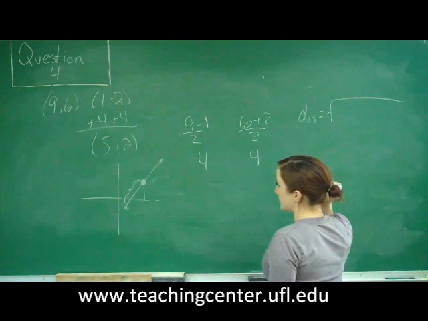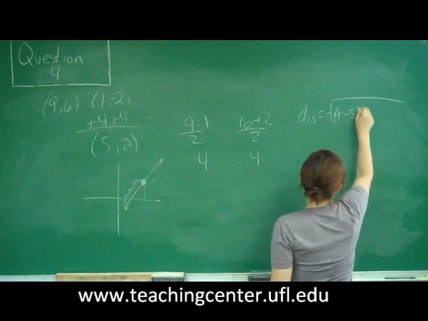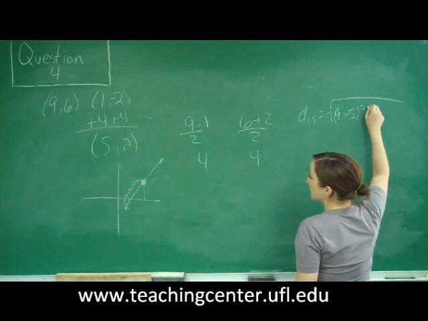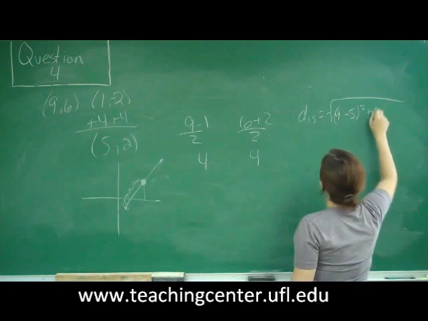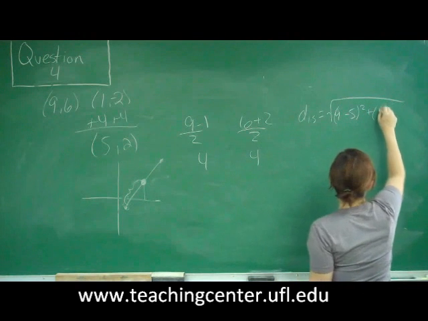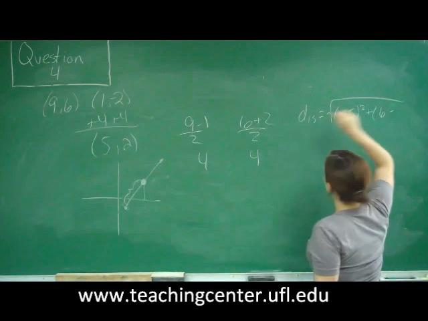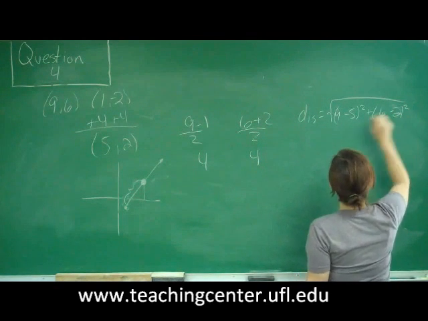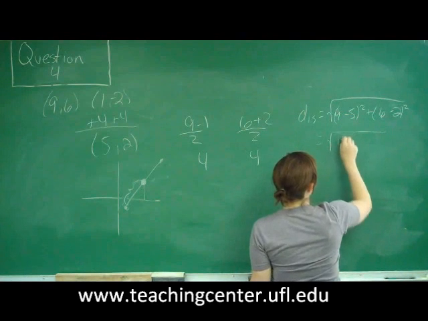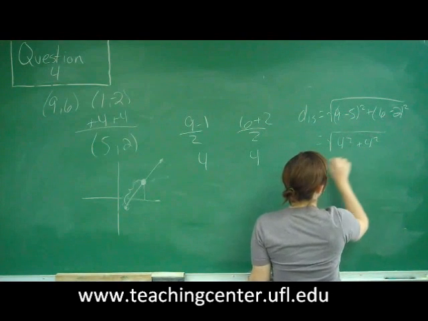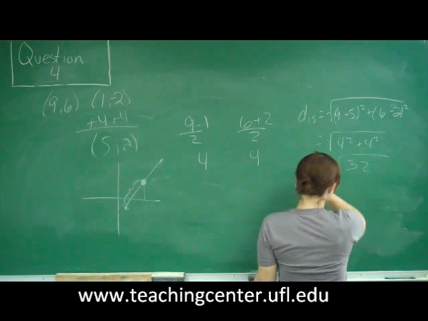I'll use (9, 6) and (5, 2): 9 minus 5 squared plus 6 minus 2 squared. So my distance gives me the square root of 9 minus 5 is 4 squared plus 4 squared, which is equal to 16 plus 16, which is 32.